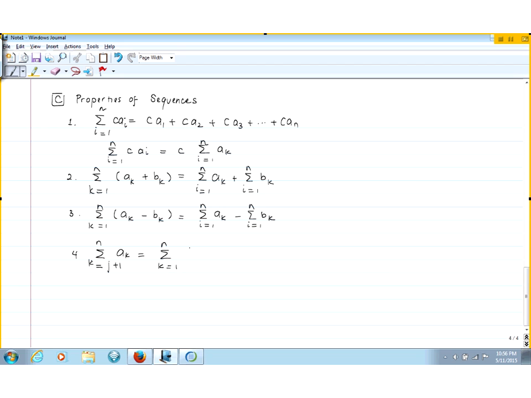Basically, we start everything from 1: K goes from 1 through N of AK, and then we subtract K goes from 1 through J of AK. You have to subtract the first few terms, because K doesn't start with 1. Those are the properties of sequence.